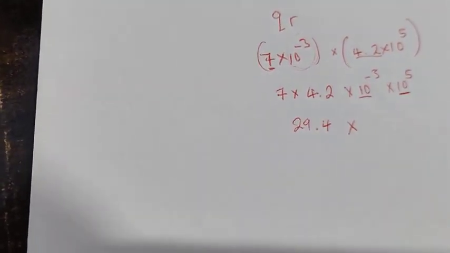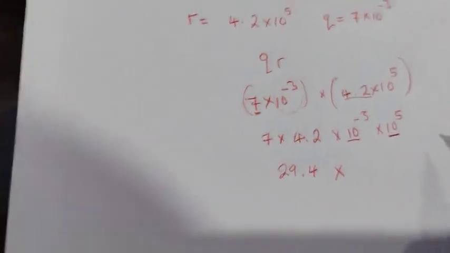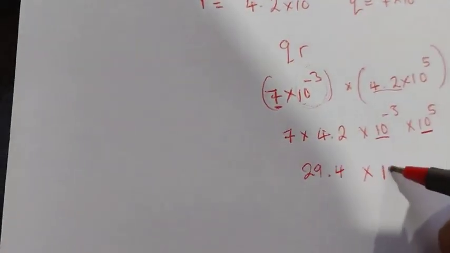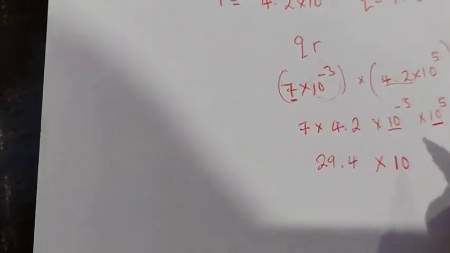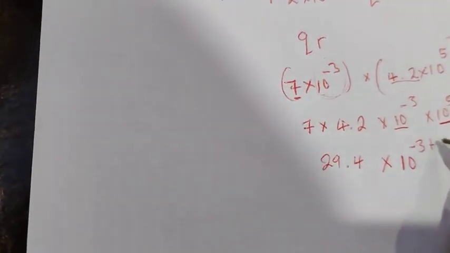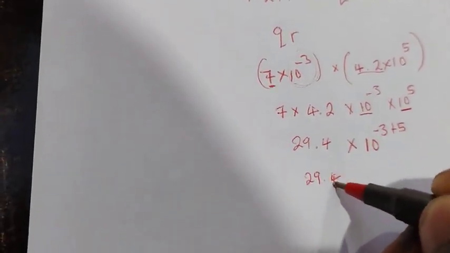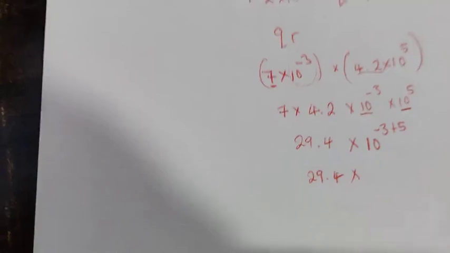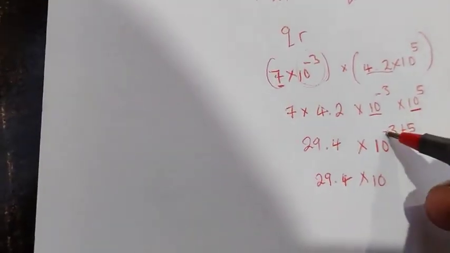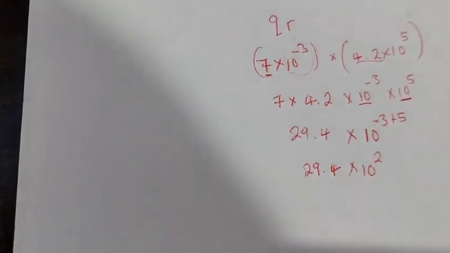You can see that the bases are the same, so we only take one base, which is 10, then we can add the powers. So it's minus 3 plus 5, so it's 29.4 times 10 to the power 2.